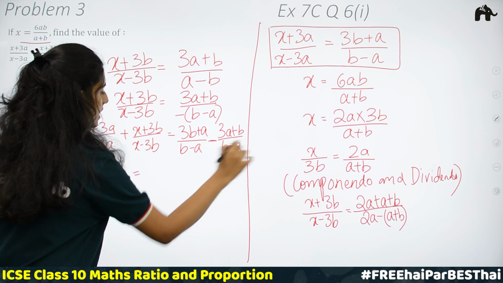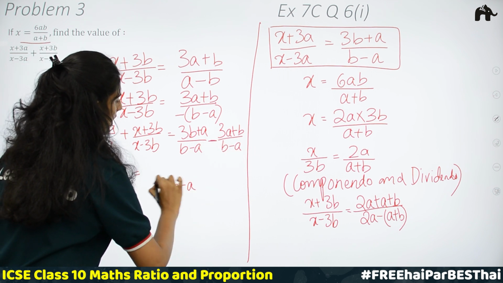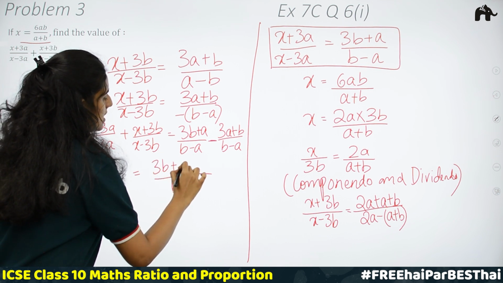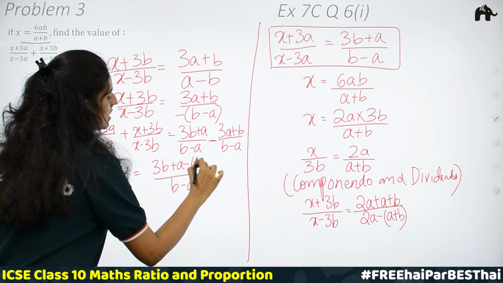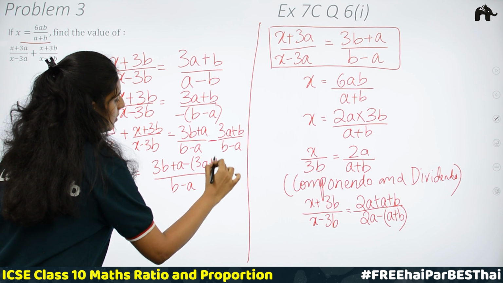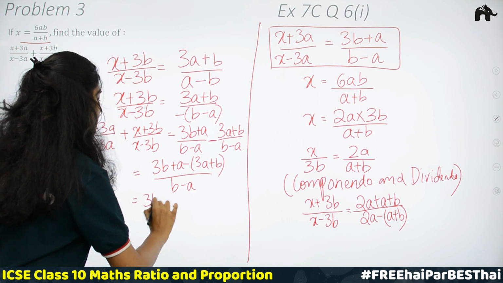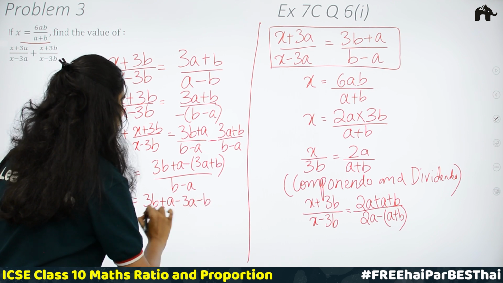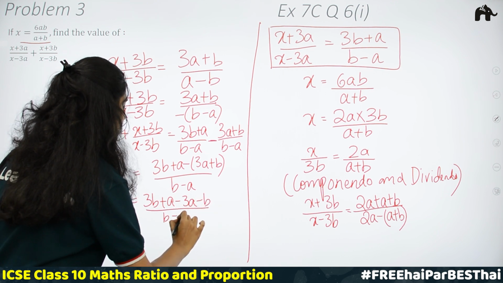We can take the LCM, b minus a. Numerator will be having 3b plus a minus 3a plus b. That is equal to 3b plus a minus 3a minus b divided by b minus a.